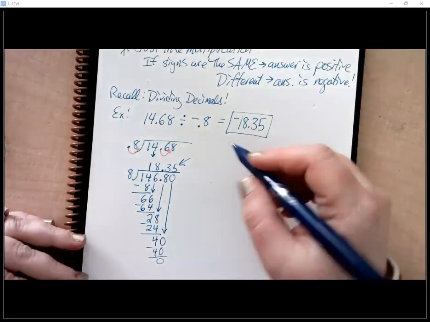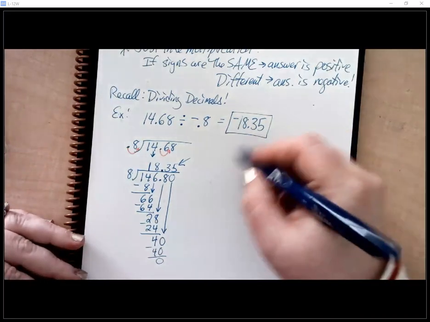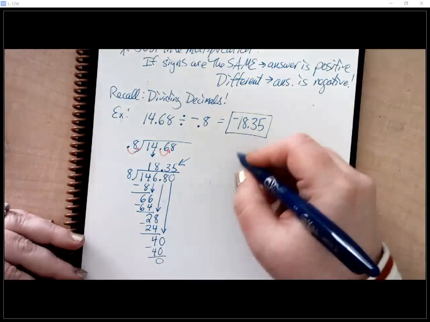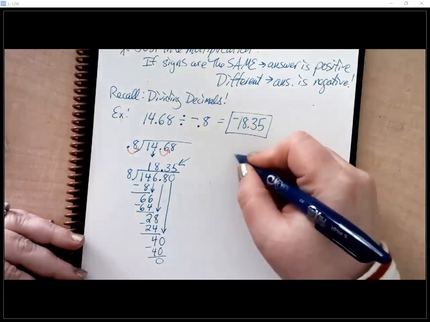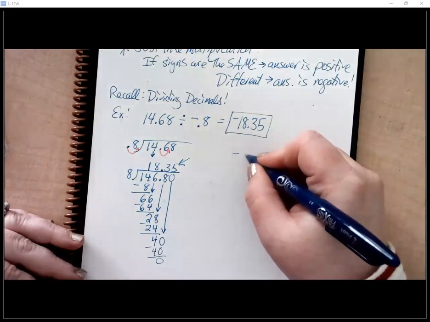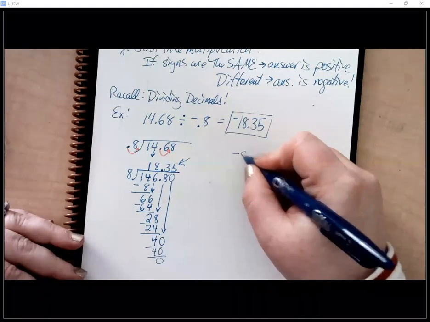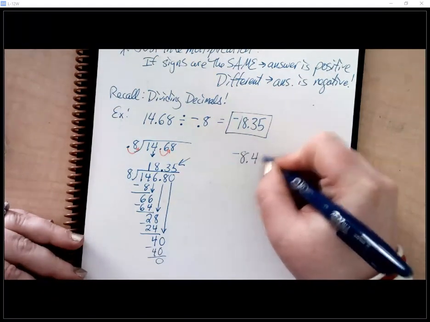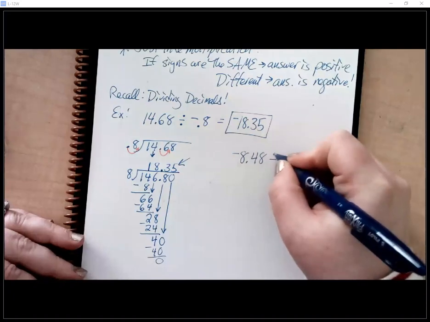Let's say we were going to do negative... I don't know why it takes me forever to come up with these. How about 8.48, and we're gonna divide it by 0.2.